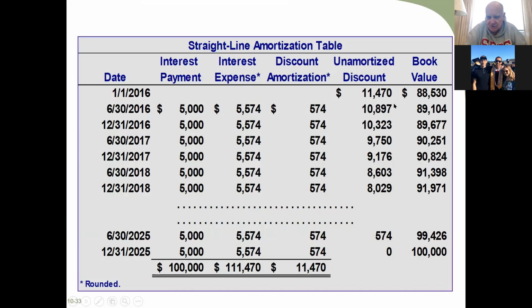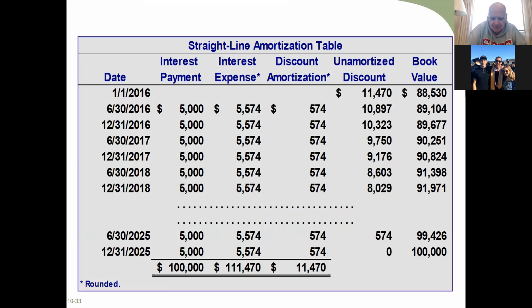The amortization is going down by 574, and it's going to continue for 20 periods until it's zero. The book value goes up 574, up 574 until it reaches 100,000. Now the net book value is 100,000 less zero discount. We pay the 100,000 and we're done.